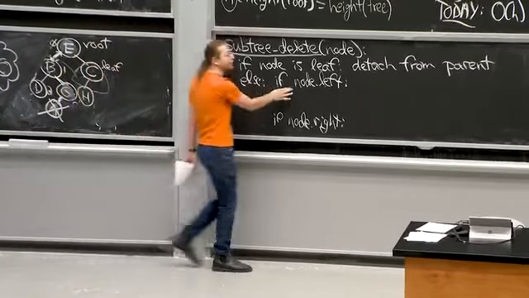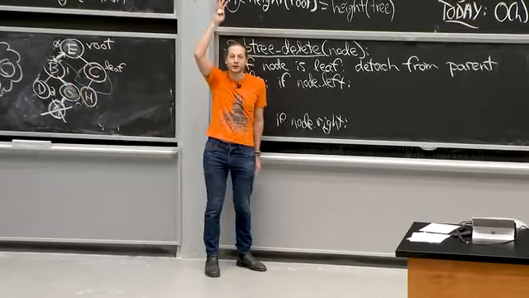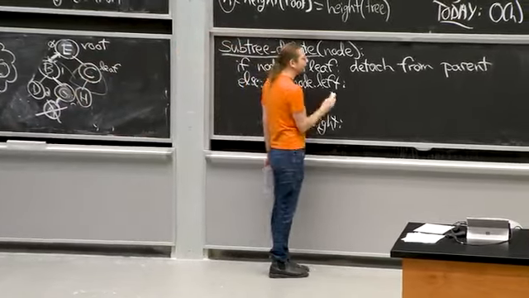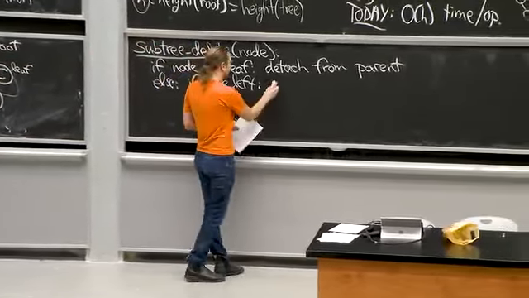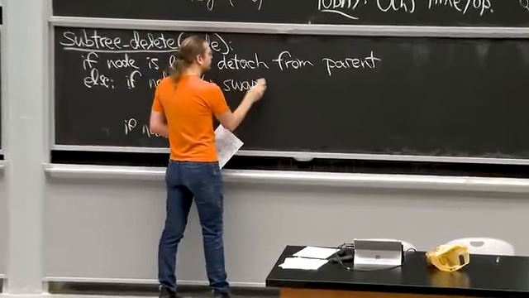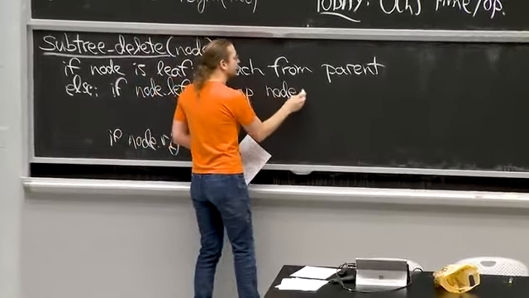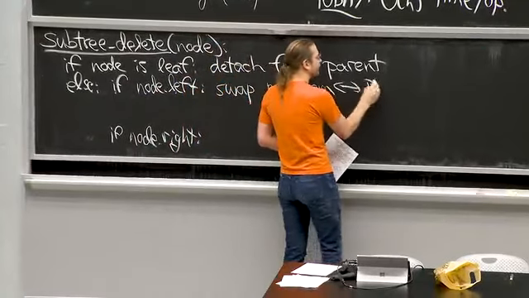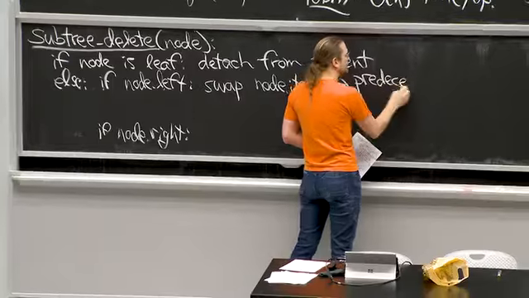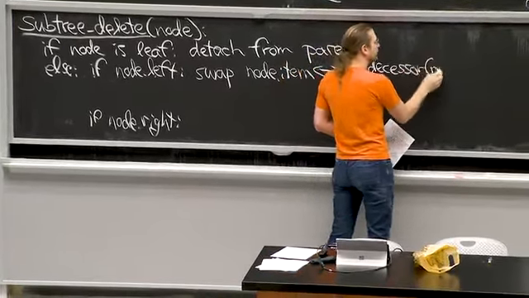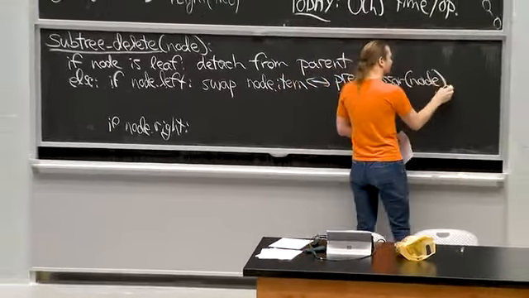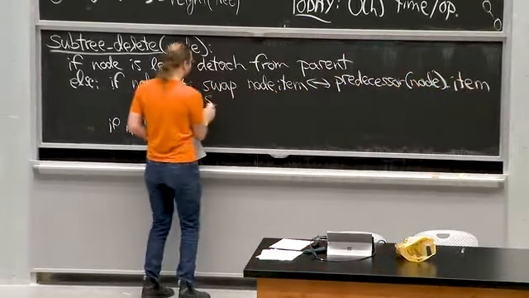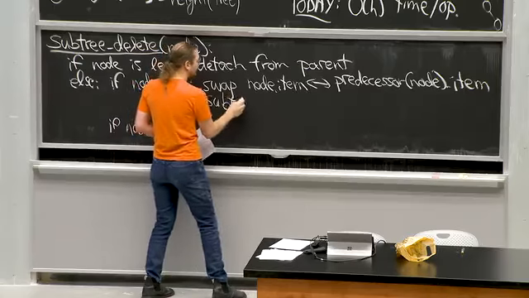If I didn't have a left child, the predecessor would actually be higher in the tree, and I don't want to go higher. Okay, so if I have a left child, I know the predecessor is lower. And so I'm going to swap my item, the contents of my node, with my predecessor's item. And then I'm going to recursively delete the predecessor.